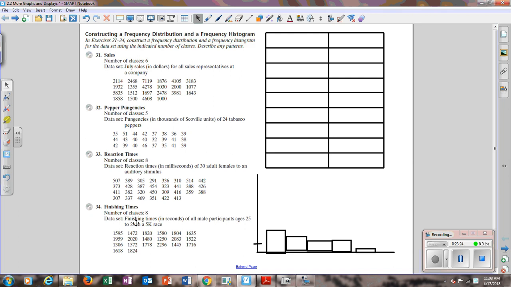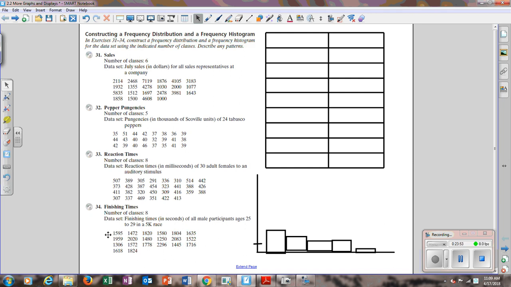Alright. We have 8 classes, 25. So they're all from 25 to 29. 5K race. Alright. Find your lowest number first. So far it's 1306. Is it 1250? 1250 is your lowest number.